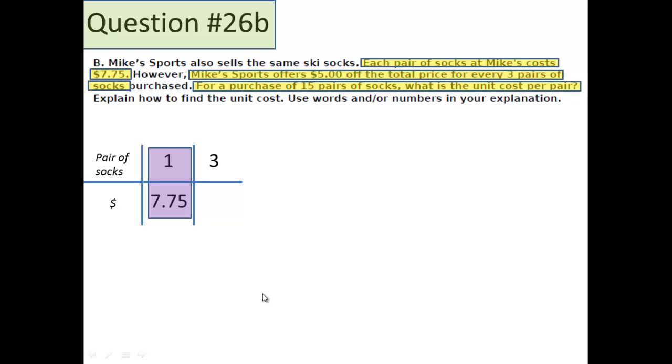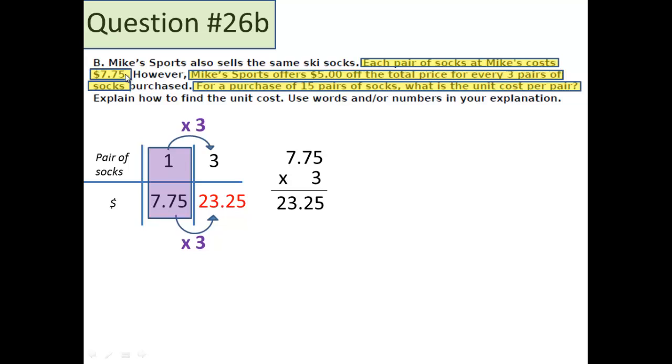You just highlight what you know, draw your arrow. How do you get from 1 to 3? Go ahead, call it out. Whatever you do to the top, you do to the bottom. $7.75 times 3. You could pause it for a second to do that problem. So go ahead and pause. All right, now once you're back, you should have gotten $23.25. Okay?